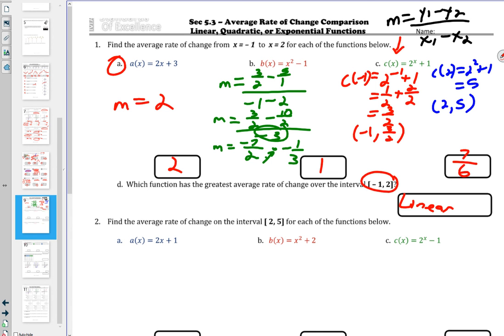No, the y-intercept doesn't matter. I guess more or less they were the same because of this 2. Here, this 2 was the slope. Here, the 2 was the exponent. Here, the 2 was the base. But if you would have stretched out the interval further, maybe instead of going up to 2, if they would have gone up to like 50, you would have seen that the exponential would have blown the other ones out of the water.